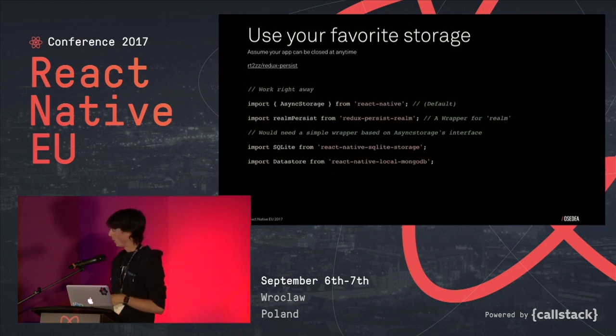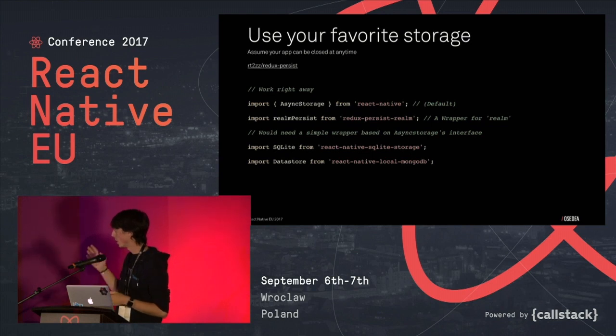Another thing that's great about Redux Persist is you have the choice of how you want to store that data. And it's really super easy. So by default, it's going to use async storage from React Native. But my personal favorite is to use Realm. So right now, I'm using it very simply as a key value store, like async storage.